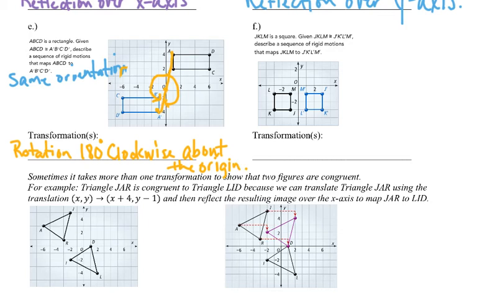Alright, moving on to F, we have to see if it's a slide. Now, if we don't look at the letters, it could be a slide. But if we look at how M is slid over, it's just over 2, and L is over and down. So therefore, it is not a slide. It also could be a reflection, and it could be a turn.